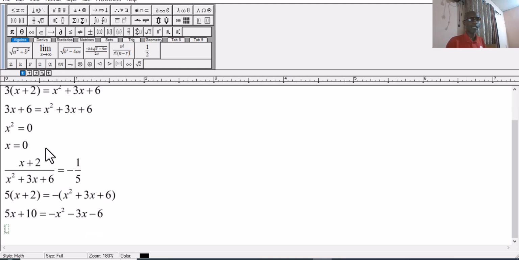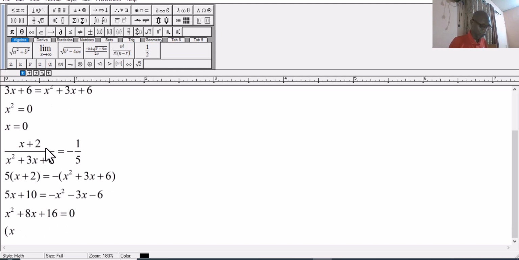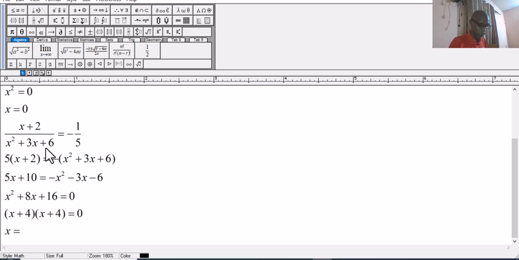So let's collect the terms together. I'm bringing them together now. If you take that one to the other side, it will be x squared plus 8x plus 16 equals 0. By the time you factorize that, it will give us x plus 4 and x plus 4 equals 0. So our x equals minus 4.